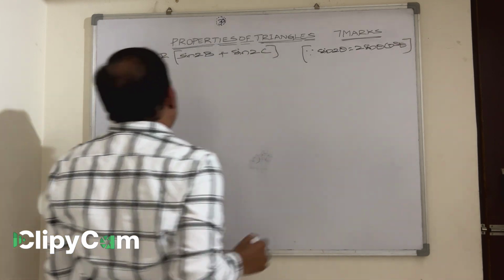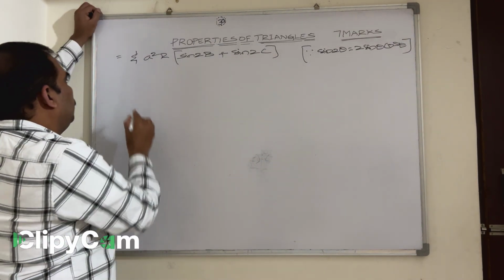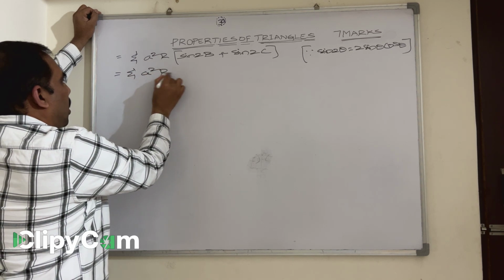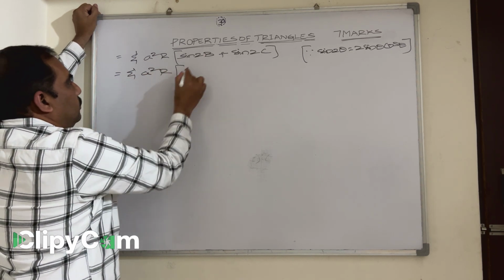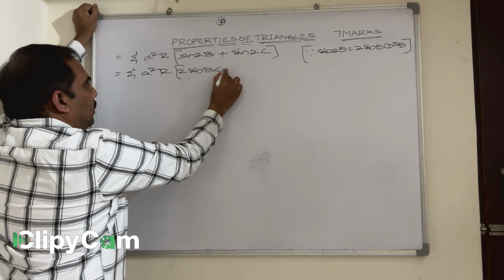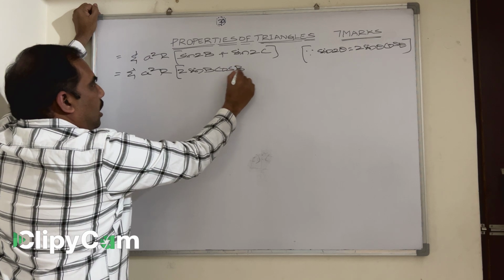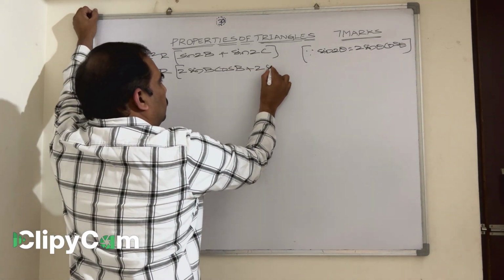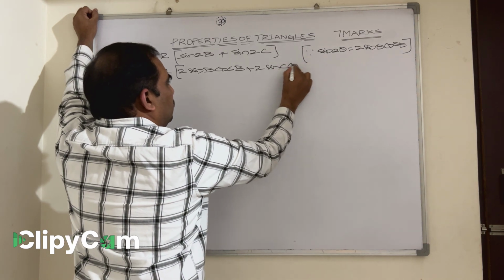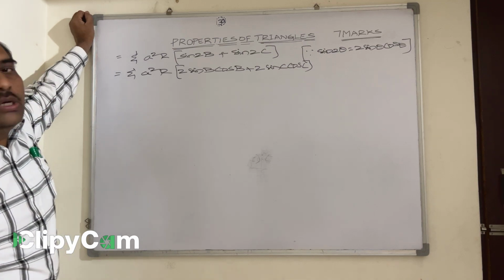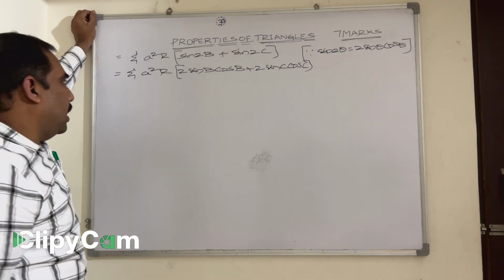So now sine 2b can be written as 2 sine b cos b, like sine 2 theta, and sine 2c can also be written as 2 sine c cos c. Why? Because sine 2 theta is 2 sine theta cos theta.